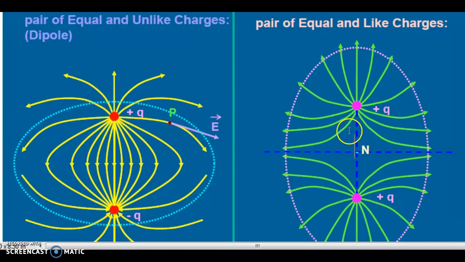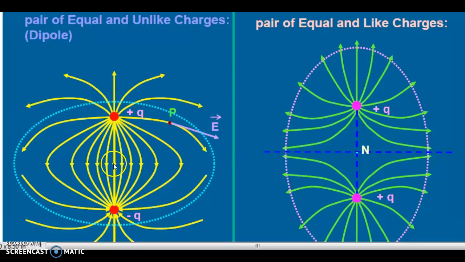Why is it an electrically neutral point? Because from this plus Q, whatever electric field lines are moving in the downward direction, the same value of electric field lines are also moving in the upward direction. These lines cancel each other's effect. The total electric field at this point in between is going to be 0.